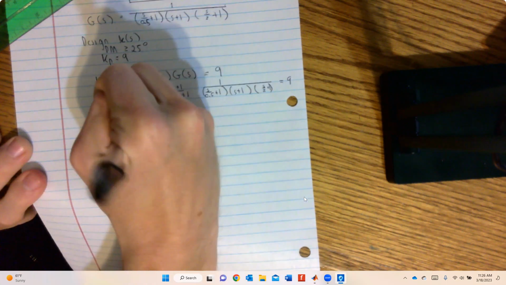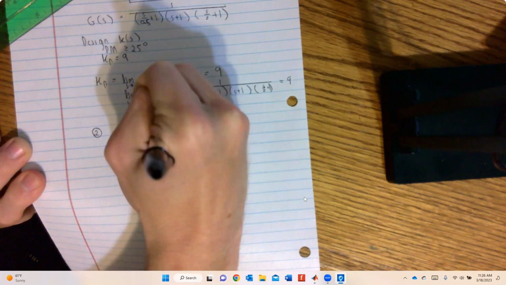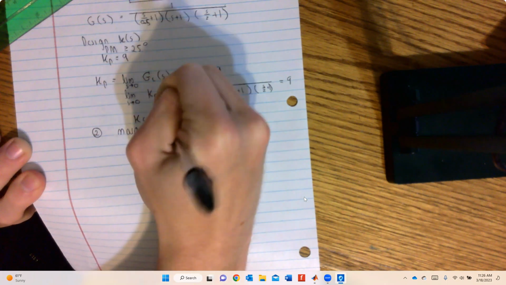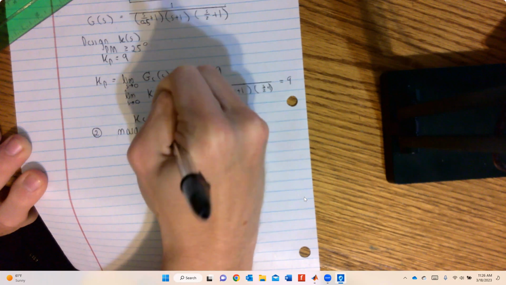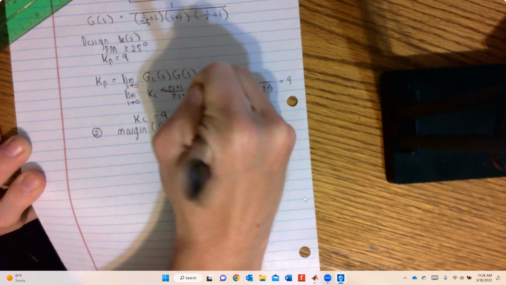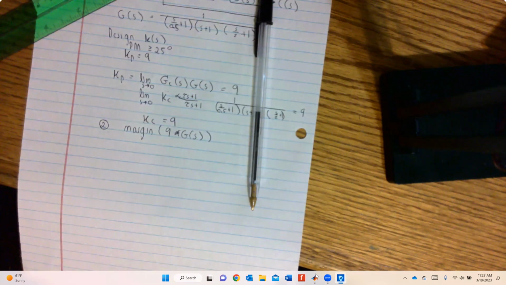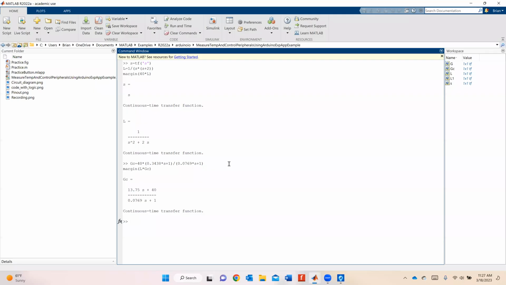So we're going to do margin in MATLAB of the Kc value, which is 9, times our G of S. When we do that within MATLAB, because that would be our uncompensated system with the Kc, we need to enter S divided by 0.1.